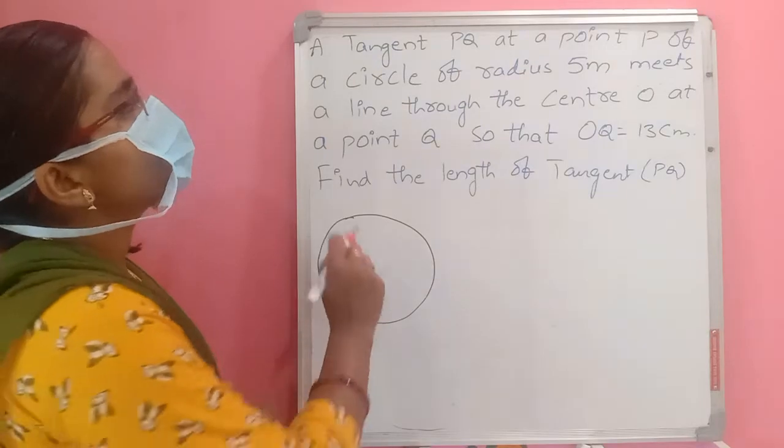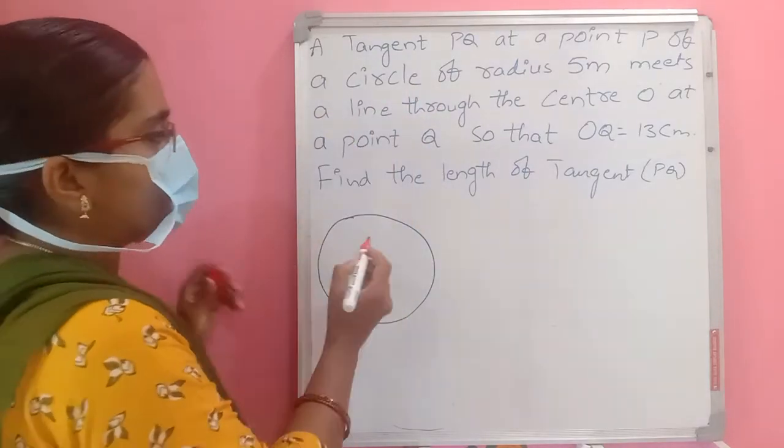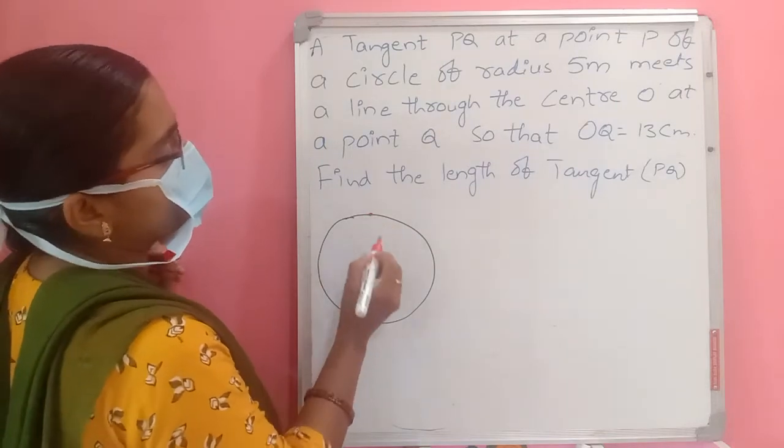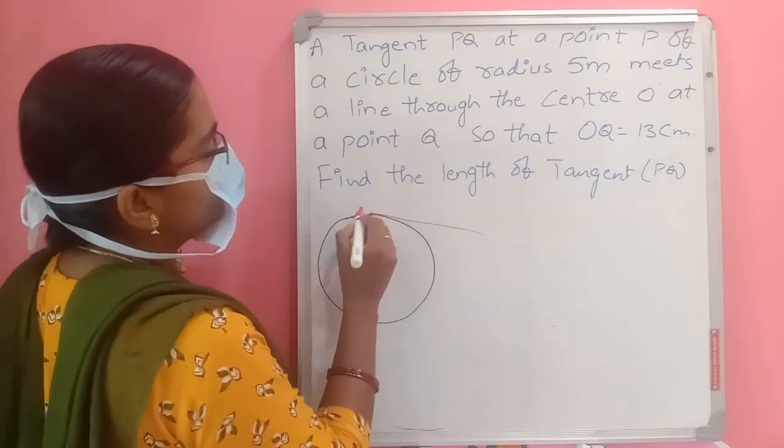One example here: the tangent PQ at a point P of a circle of radius 5 meter. P is on the circle and PQ is the tangent.